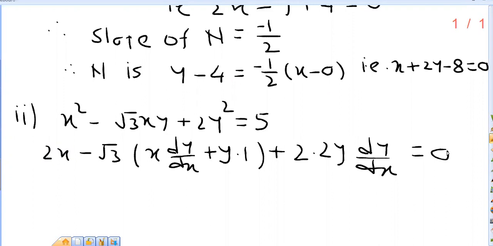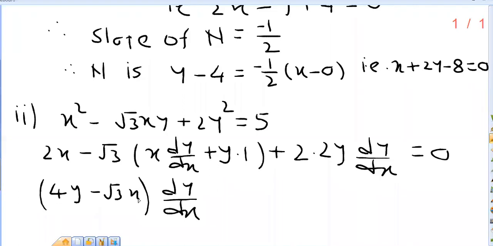Open all the brackets and tell me what dy/dx is. If I take dy/dx common, see what I get in the bracket. I think I will get 4y minus root 3 x. Check this. See, x is not under the radical sign. You have to be careful.